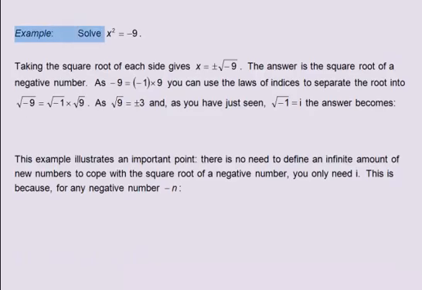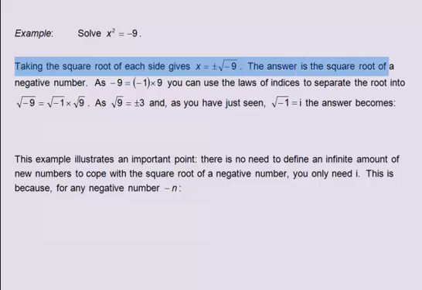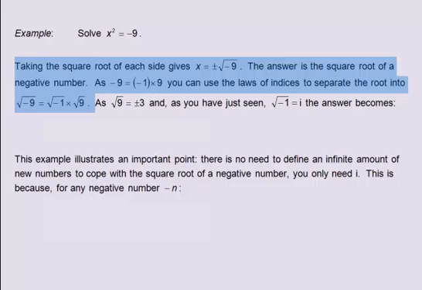Example, solve x squared equals minus 9. Taking the square root of each side gives x equals plus or minus the square root of minus 9. The answer is the square root of a negative number. As minus 9 equals minus 1 multiplied by 9, you can use the laws of indices to separate the root into the square root of minus 9 equals the square root of minus 1 multiplied by the square root of 9.